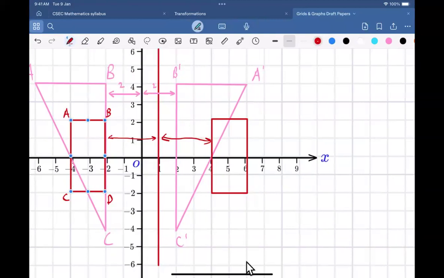You ever try to do something looking at yourself in the mirror, but you had to move your hand the other way? Because it's reflected. So this over here is actually B prime. This is A prime. This is D prime. And this is C prime.